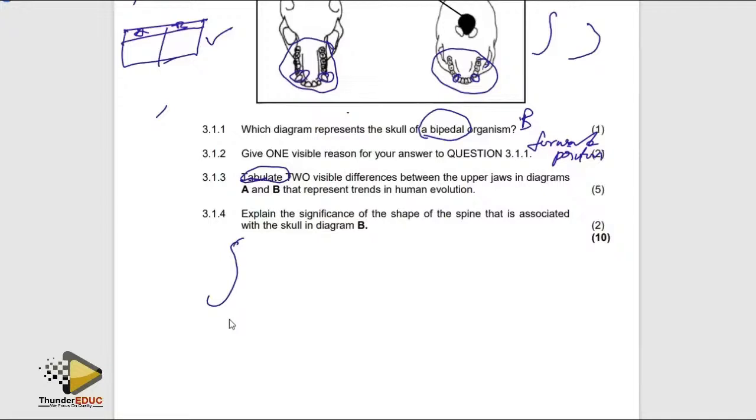Because they didn't say which shape it is, mentioning the shape could make you earn a mark. Therefore, the shape is S shape. But what is this S shape for? It allows flexibility of the organism, so it makes the movement a little bit easier.